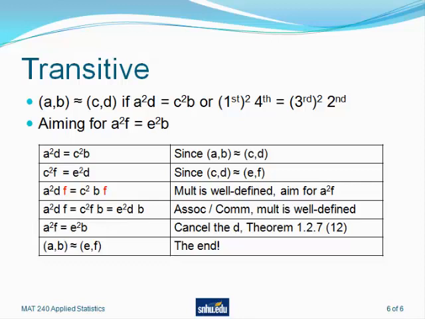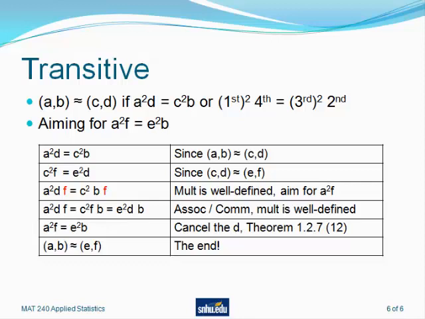But we can multiply both sides by the same number. Now the left-hand side is in good shape. There is the A squared F. The right-hand side, it's still kind of a mess. We want to get E squared into there somehow.